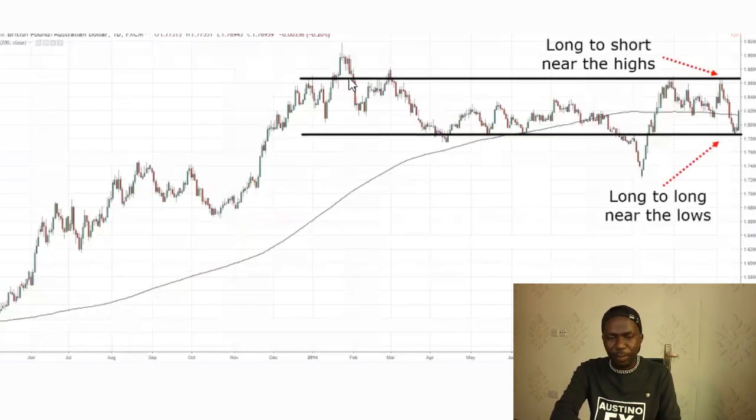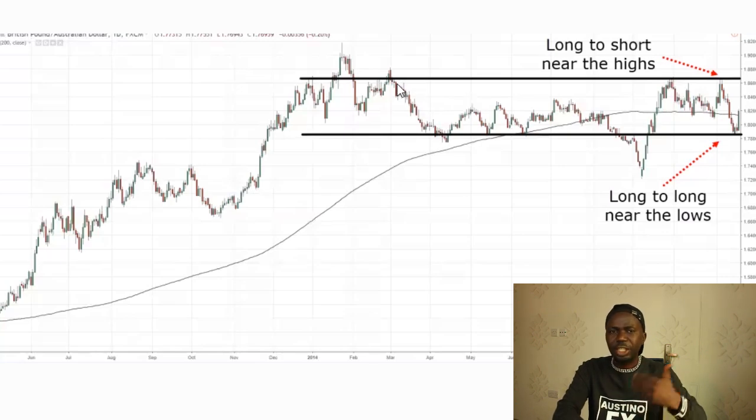So this is another example of a distribution stage. Like I said, a distribution stage is a ranging market after a strong uptrend, or should I say a consolidation market after a strong uptrend.